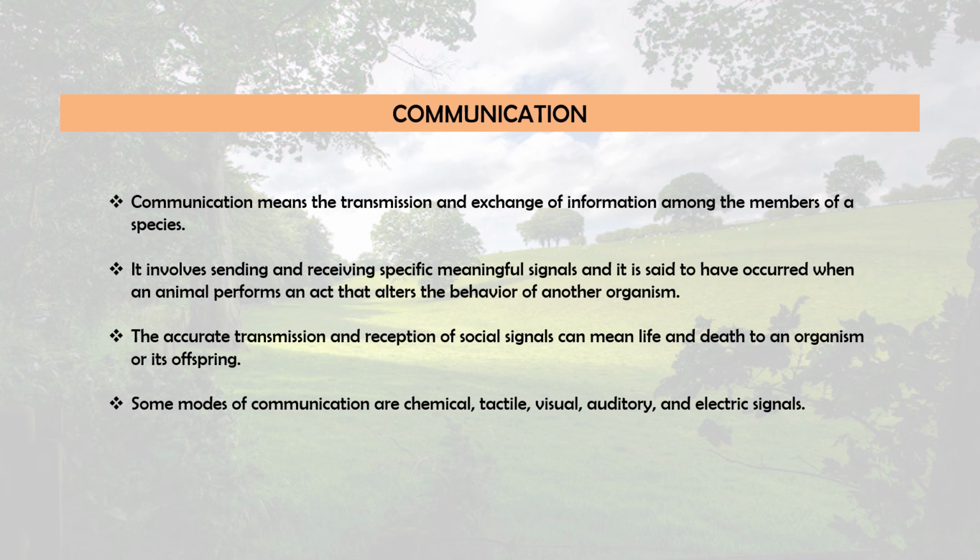Next is auditory signals. Many animals make mating calls. Male crickets produce chirping sound by rubbing their forewings. Male cicada produces a characteristic loud sound with its special vibrating plates.